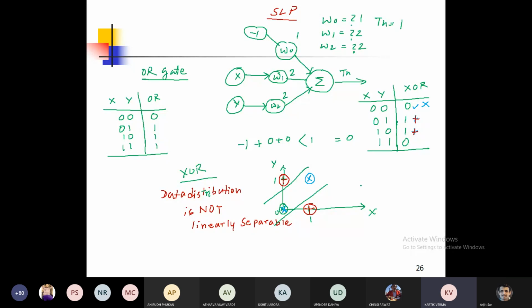Can you say? Any clue? We use at least one extra layer in between input and output. And what do we call this extra layer?